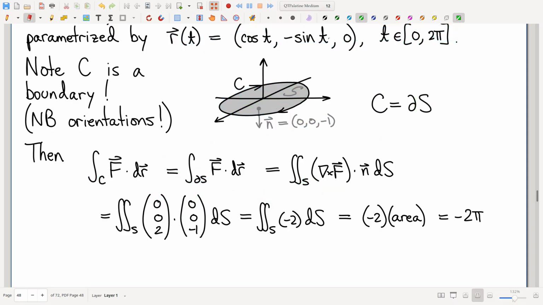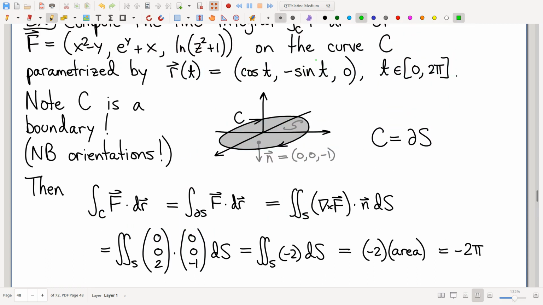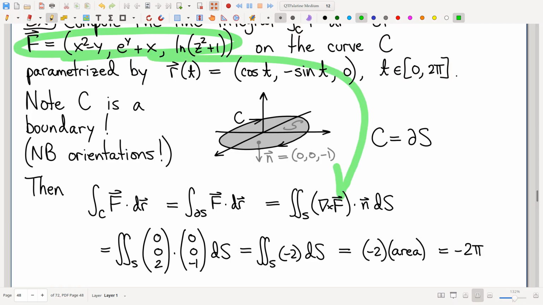Now that we've got our flux integral, there is the tedious matter that I do have to take my vector field and plug it in to compute the curl. Make sure you can do that. We talked about the formula for curl back in chapter 3. Make sure you know that formula. You got to have that, good to go.